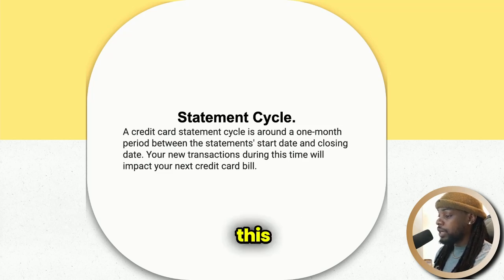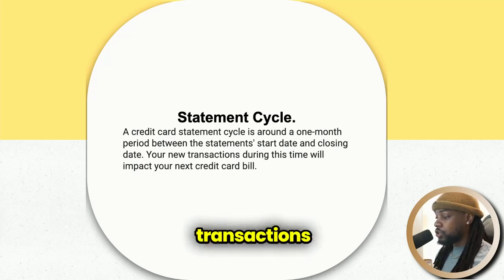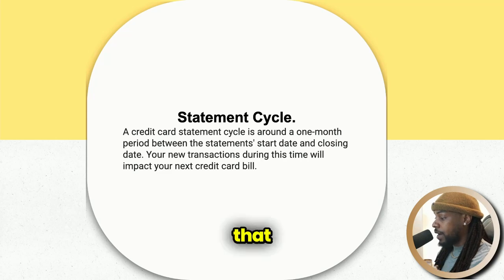In between this period, you'll have your start date, and then you'll have your close date. Your new transactions during this time will impact your next credit card bill. Whatever transactions you make in that cycle period will be due on your next payment due date.